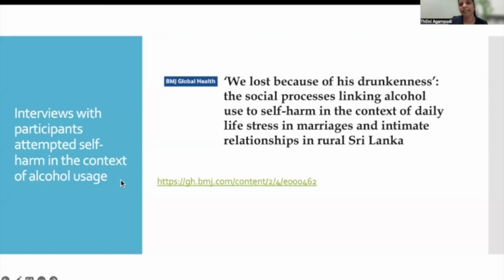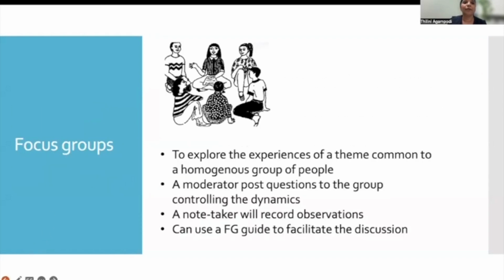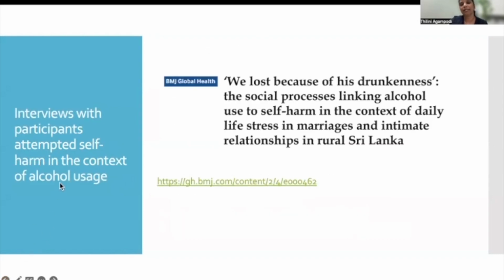This particular researcher conducted about 40 in-depth interviews with such participants, who have had exposure to self-harm and where alcohol usage was prominent in their households, and came up with certain hypotheses on the phenomenon. You can go to the link and read the paper.